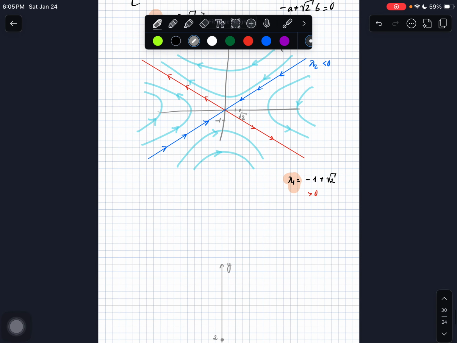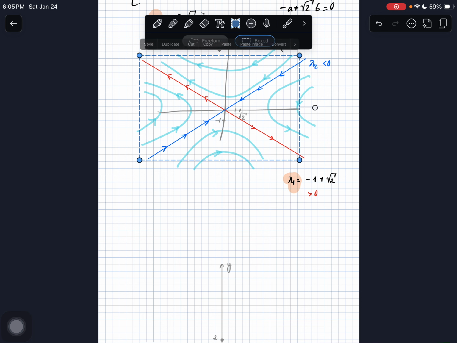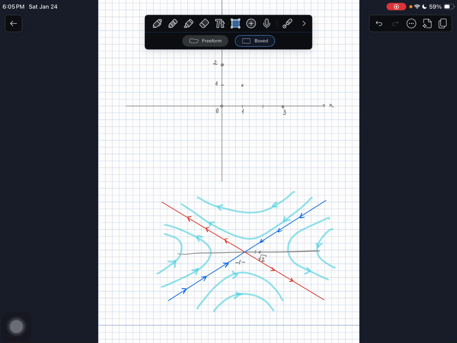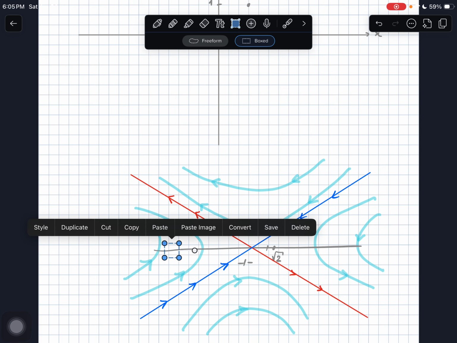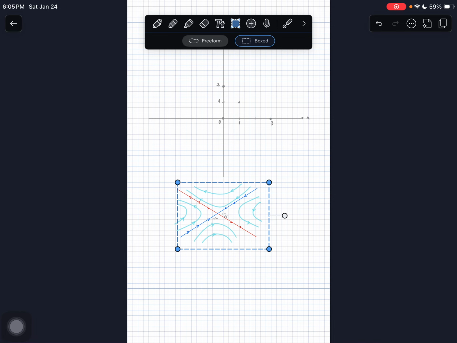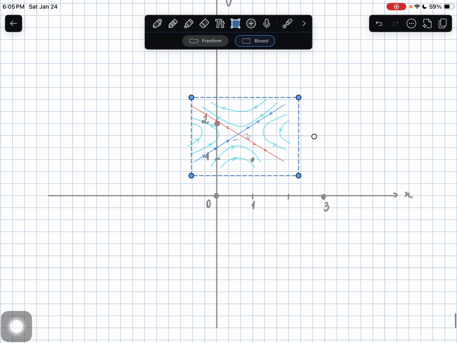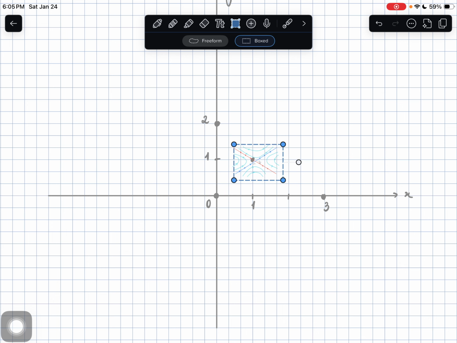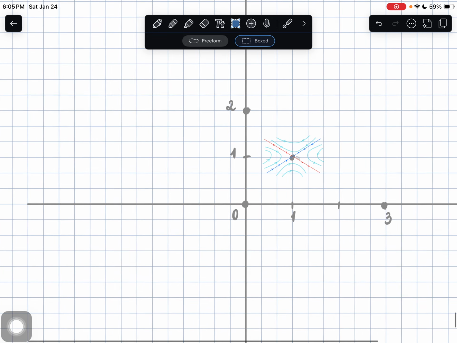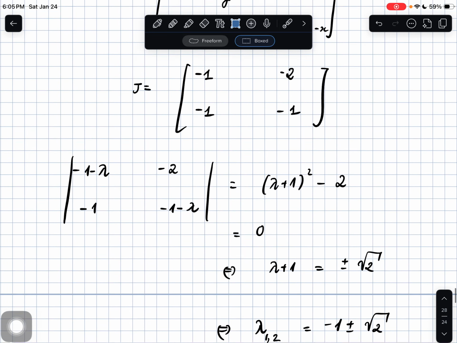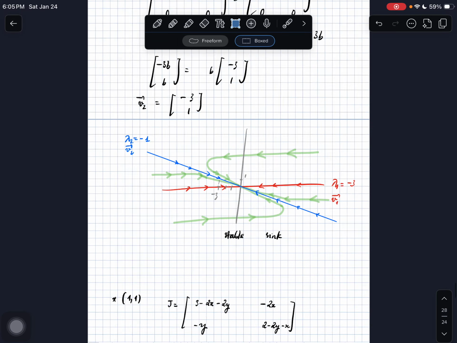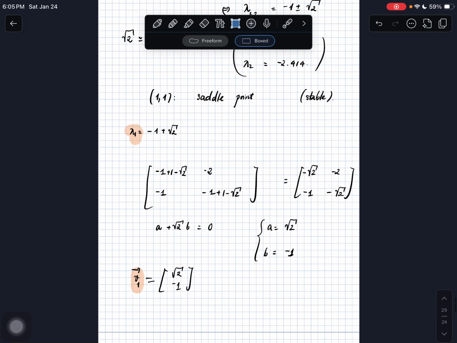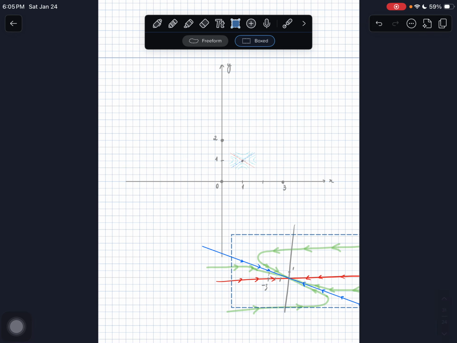Let's put on the graph here the local portrait into what we have, the big picture. This is (3, 0).